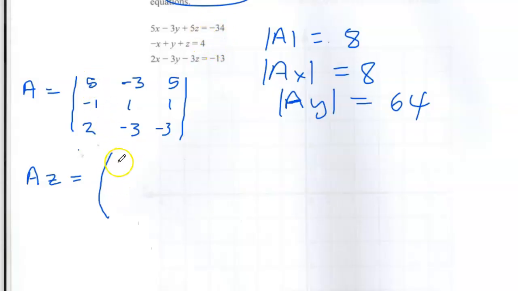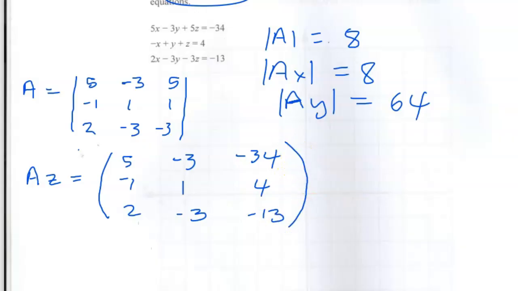So we put back everything we have in A: 5, minus 1, 2, minus 3, 1, negative 3. And we're replacing the Z coefficients, 5Z, 1Z, negative 3Z, with the values on the right hand side. So minus 34, positive 4, and negative 13.